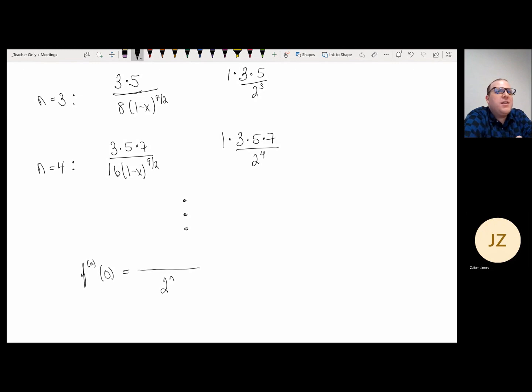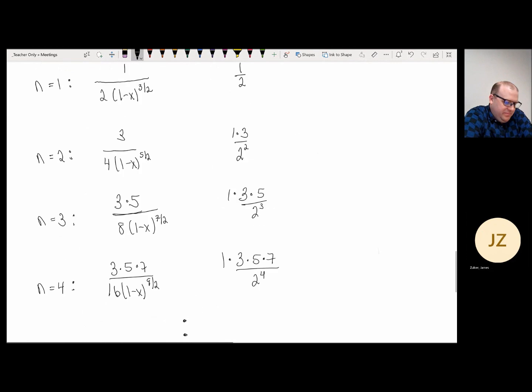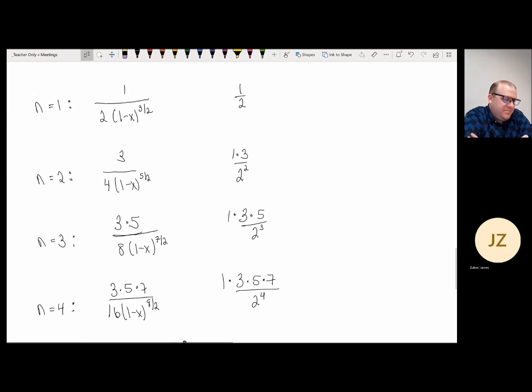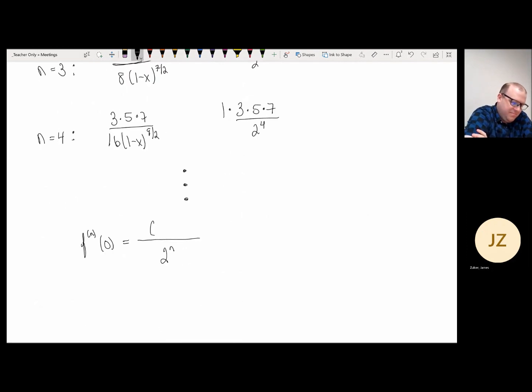We're going to have a 2 to the n in the denominator, right? What about the numerator? Double factorial. It would be 2n minus 1 double factorial.